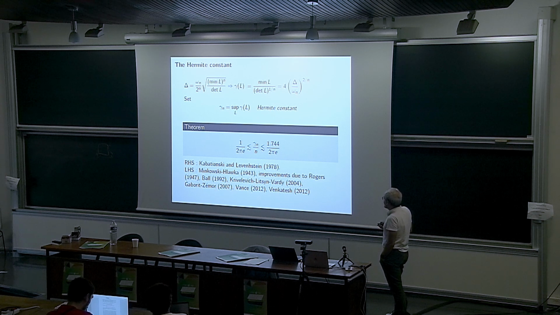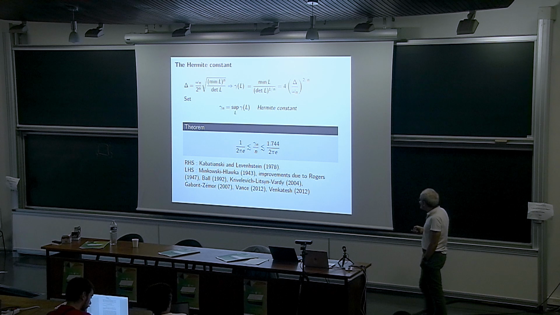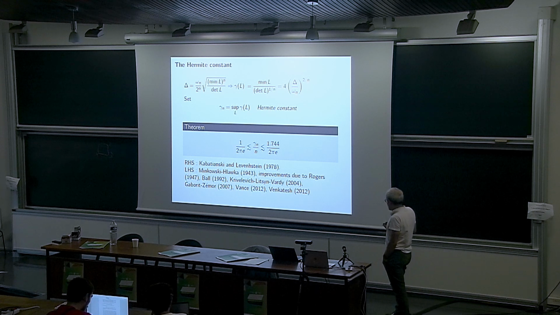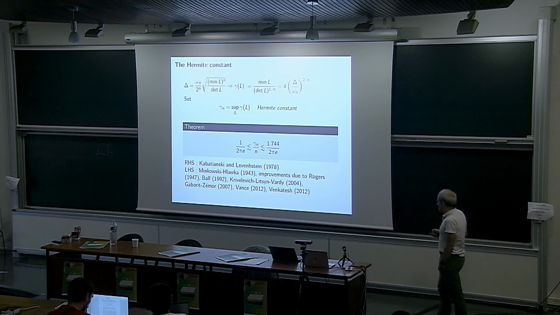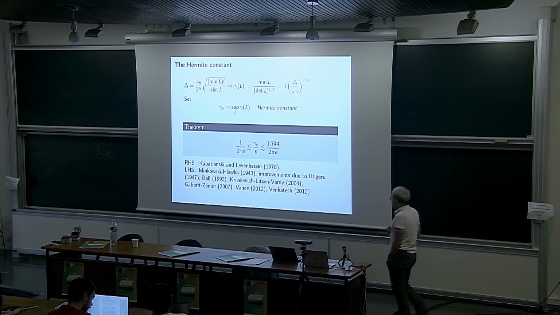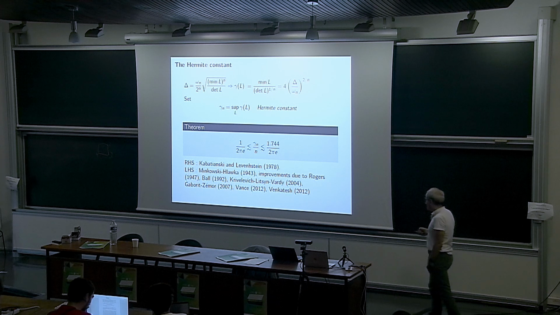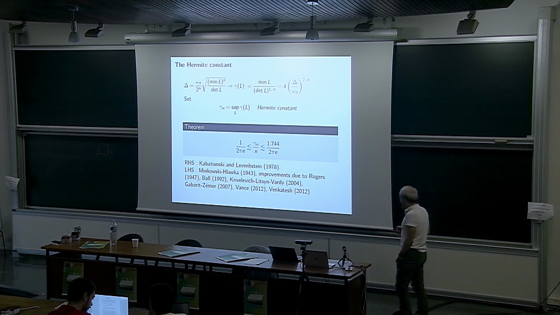There have been recent but rather modest improvements on this, which I mention here. The most recent one is due to Ash, Venkatesh 10 years ago. And the right-hand side, the best upper bound to date is due to Kabatiansky and Levenshtein.